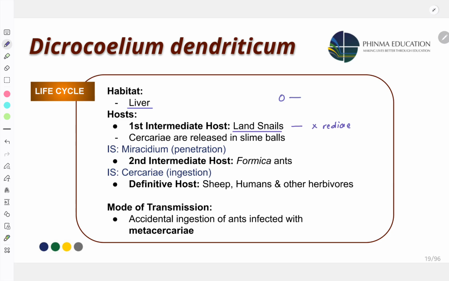So the ova ingested by the snail, and then within the snail, miracidium, and then first and second generation sporocyst, and then finally ang cercariae. No, so no radiae stage also for your Dicrocoelium dendriticum.